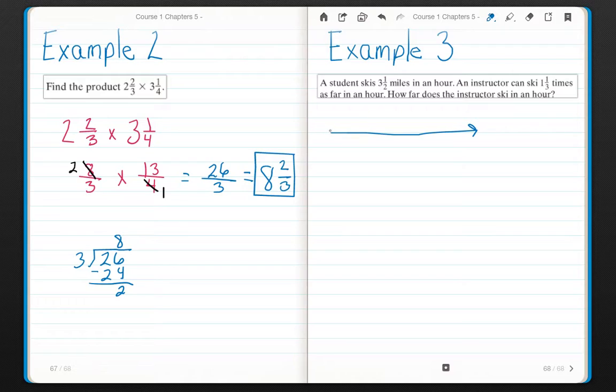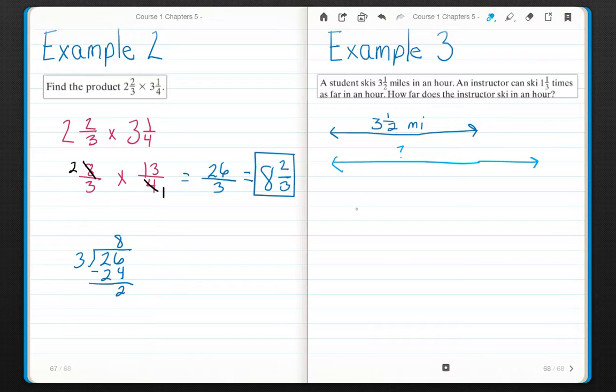So here's my student. He went 3.5 miles. It's pretty far to ski in that amount of time. The instructor, however, is able to go that whole distance plus another third. So how far is this distance?